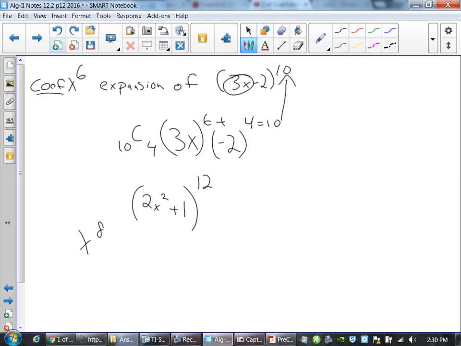Well, if you got your graph and every change... Not necessarily, because remember, you could have up to n minus 1 changes of direction. Now, with this being a binomial to the 10th power, that means it's 3x minus 2, 10 times.